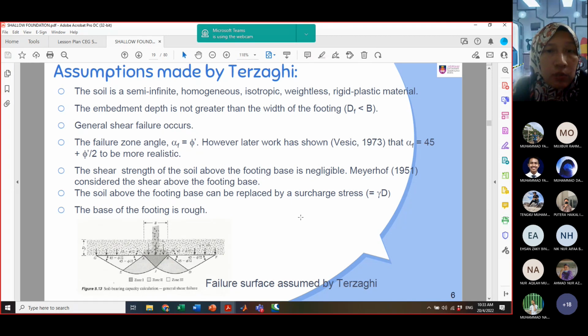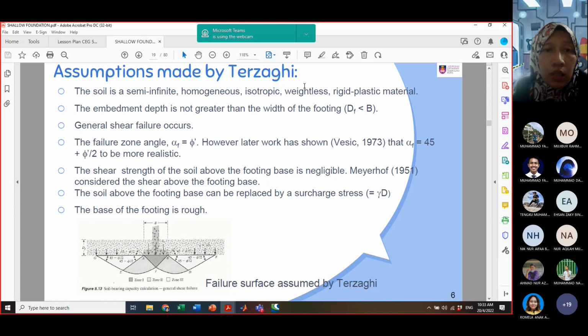So what are the assumptions made by Terzaghi? Terzaghi says that the soil is a semi-infinite, homogeneous, isotropic, weightless and rigid plastic material. Why is it assumed this way? Because it tries to make the calculation of ultimate bearing capacity in the easiest way.